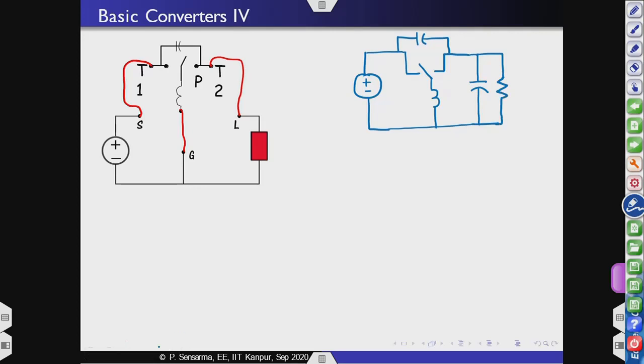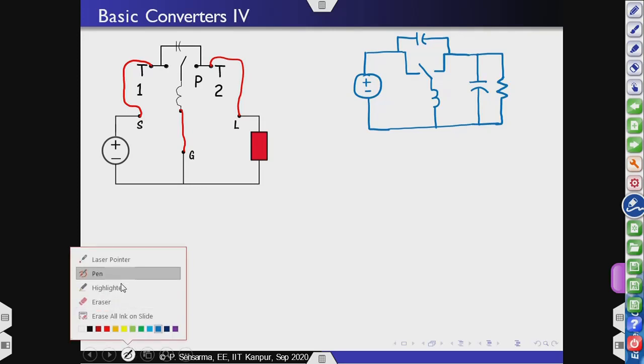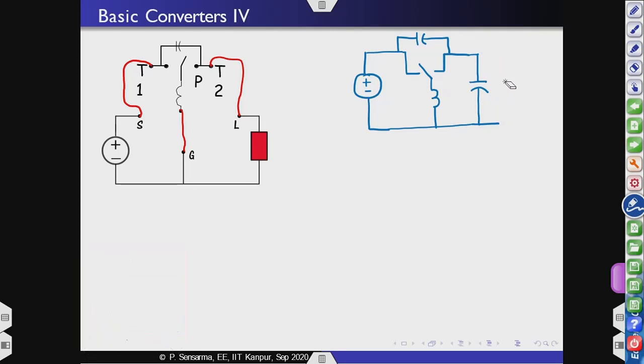We have not really said anything about the load yet.